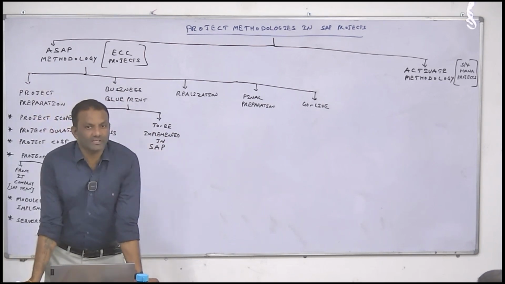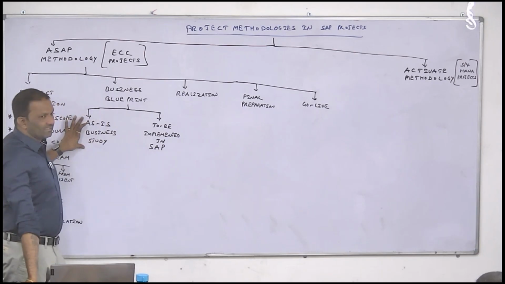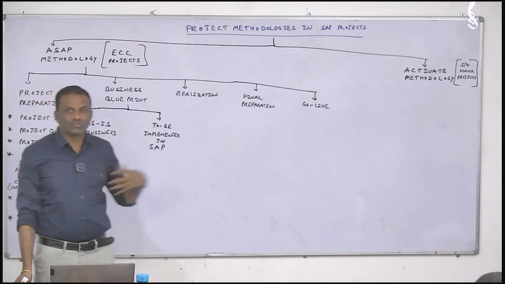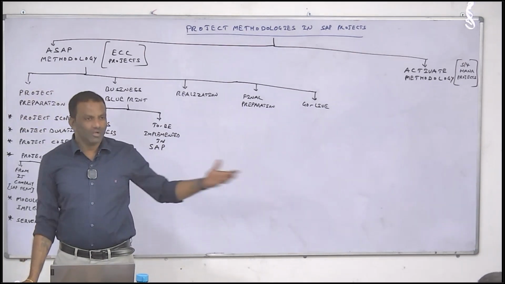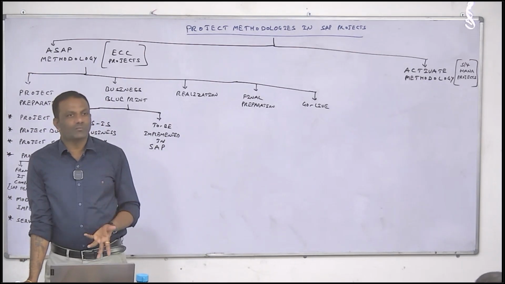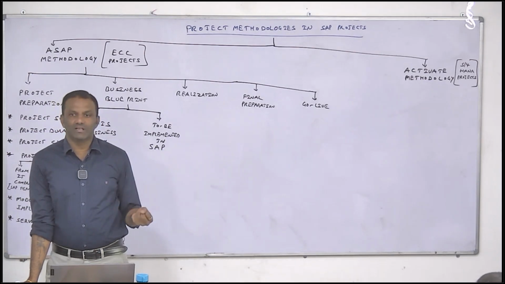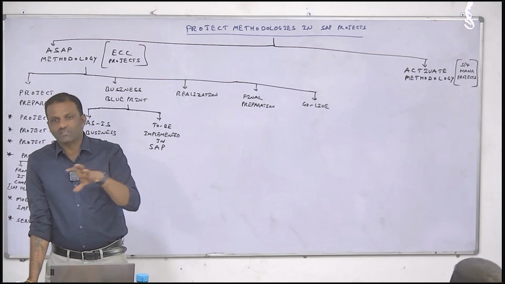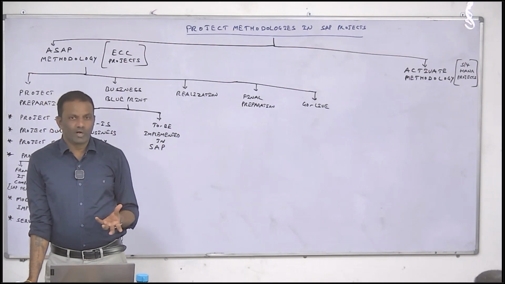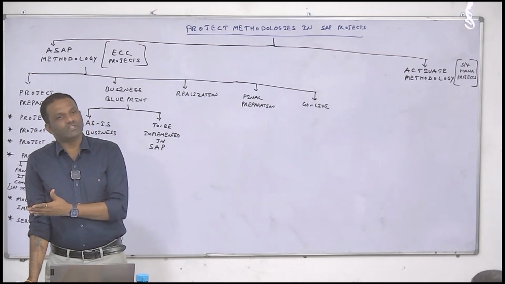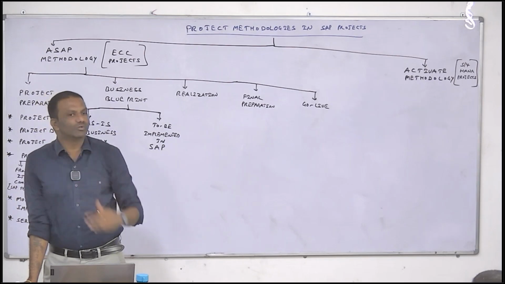What are the two activities? One is as-is business study, because we should study their business. Right or wrong? What they are doing, what is the nature of business, how they are getting raw material from the market, what type of production activities they are doing. Then how they are making their finished goods, how they are sending those finished goods to market.